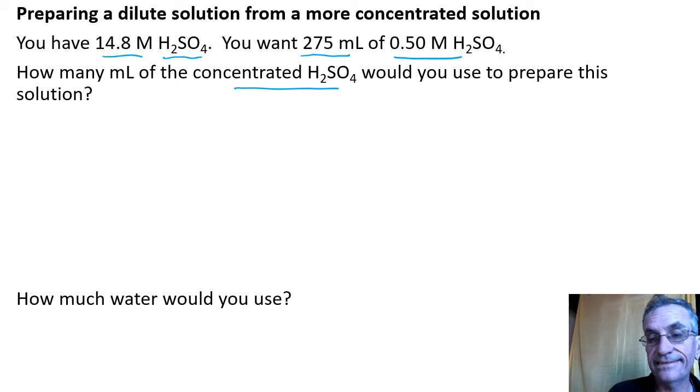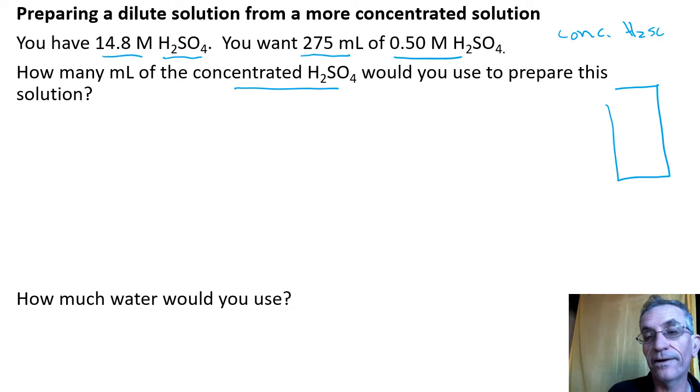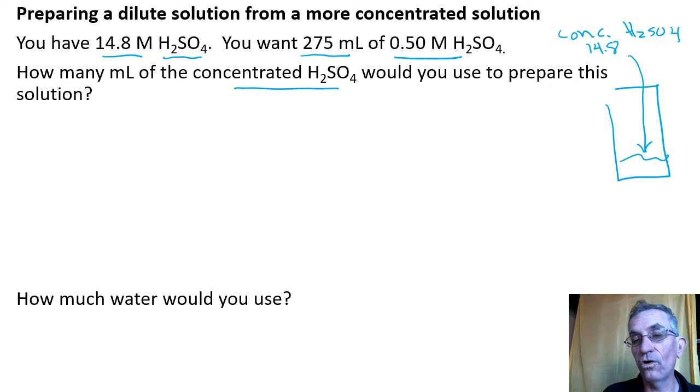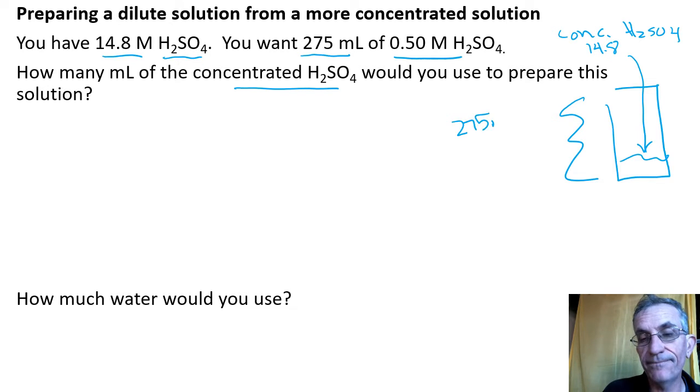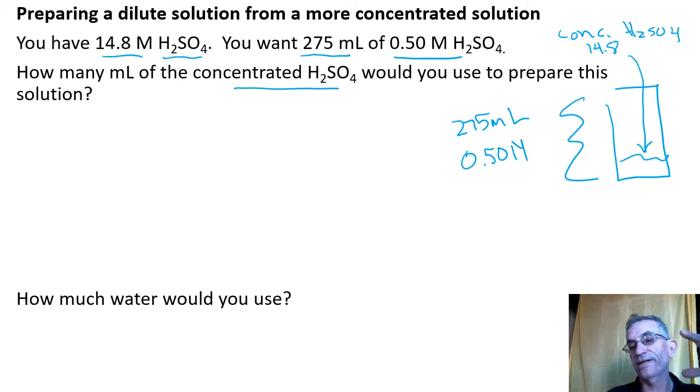So we're going to get out a container. We're going to measure some of the 14.8 molar sulfuric acid and put it in our container. Our goal when we're done is to end up with 275 milliliters of stuff, and we want it to be 0.5 molar. So how much out of the concentrated bottle would we use?